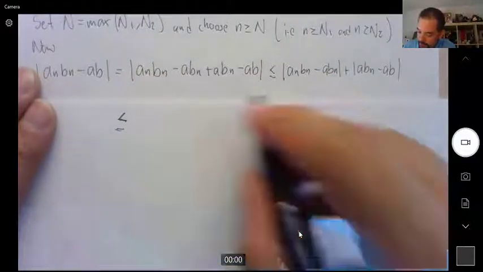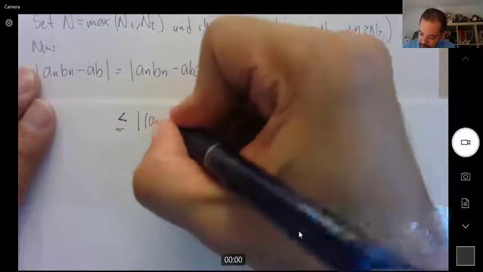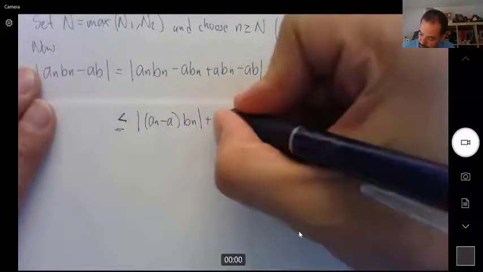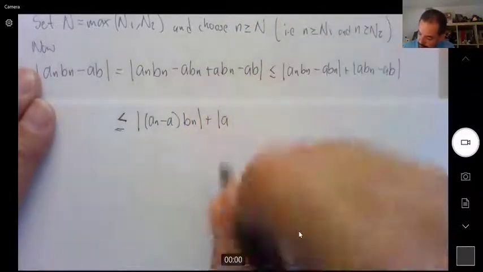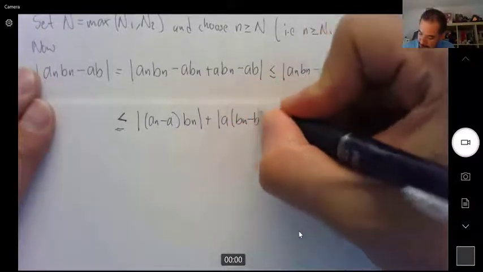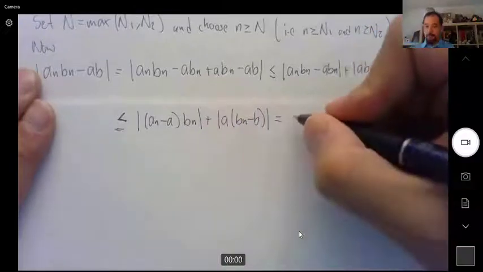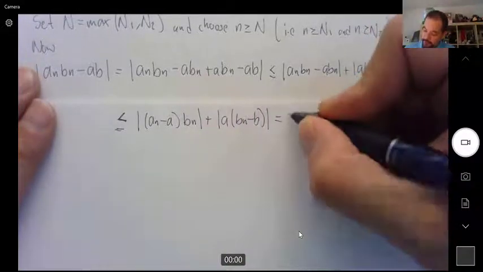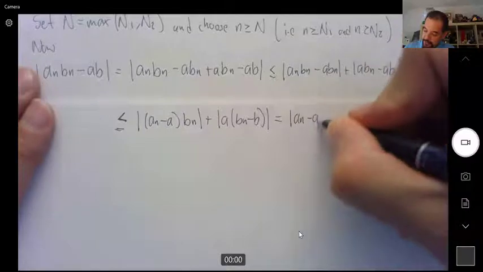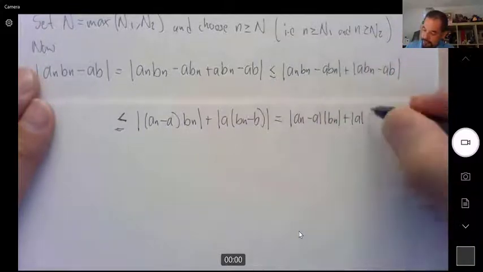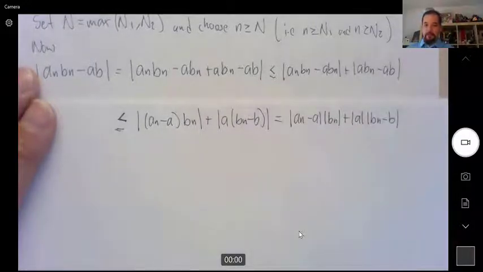So I can factor the bn, giving |an minus a| times |bn| plus |a| times |bn minus b|, separating it as the product of the corresponding absolute values.